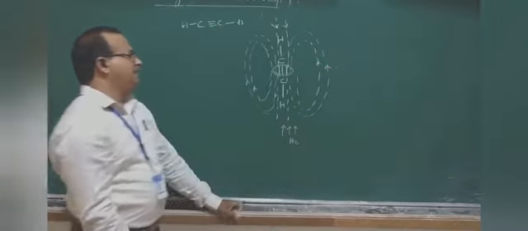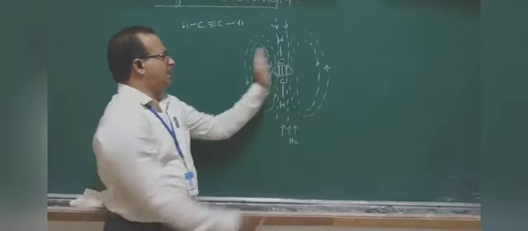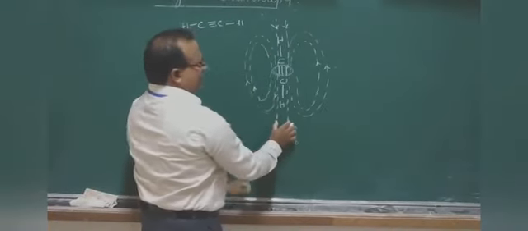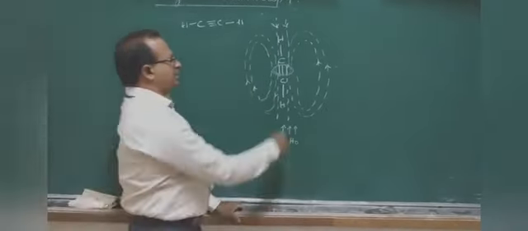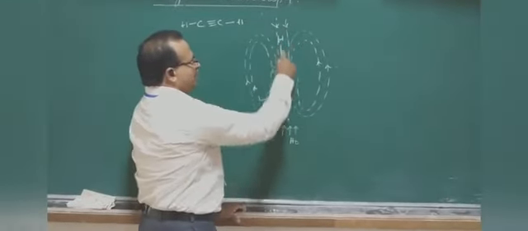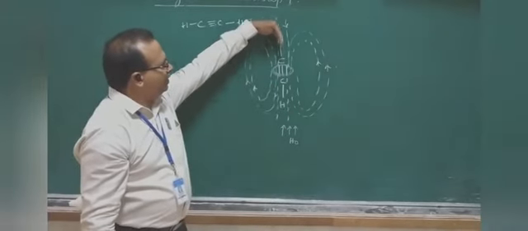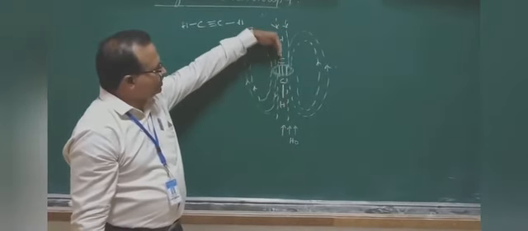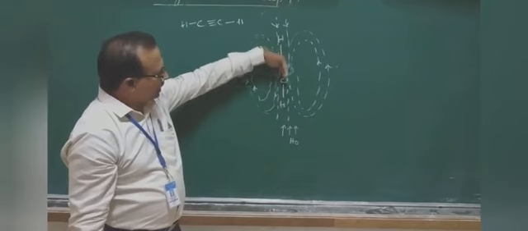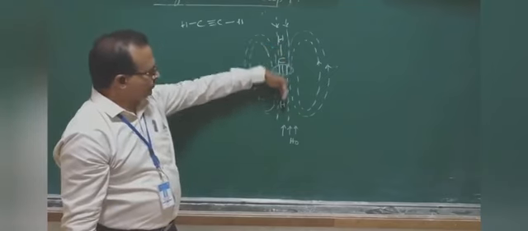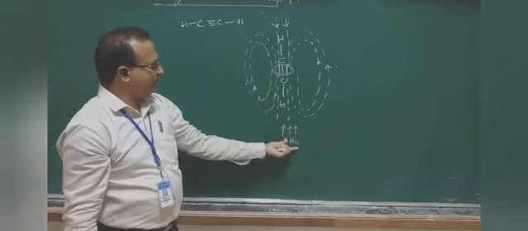For acetylene, these positions are the paramagnetic region, and this position is the diamagnetic region. In acetylene, the protons are placed in the diamagnetic region of the molecule, and here the pi electrons' induced magnetic field opposes the applied magnetic field.